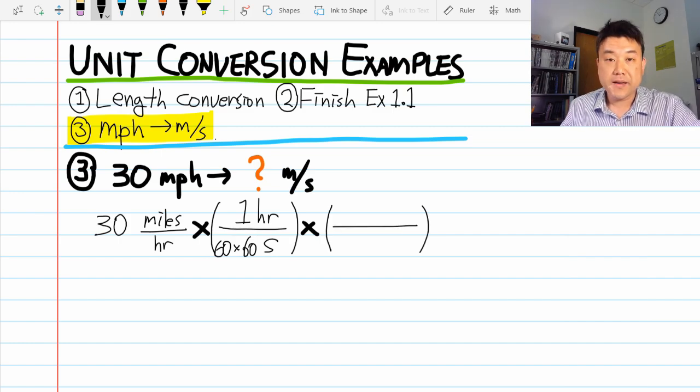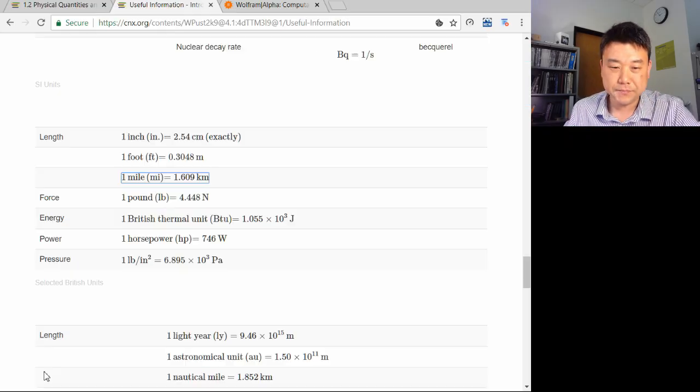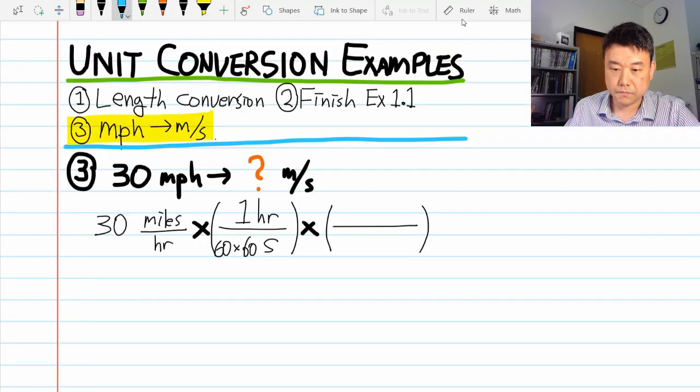Alright. And I need miles to meter conversion, which once again I never have memorized, so I'll need to look it up. So under useful information, 1 mile is 1.609 kilometers, or in meters it'll be 1,609 meters. So let me write that. So miles on the denominator to cancel out miles on the numerator, meters on top to get meters.